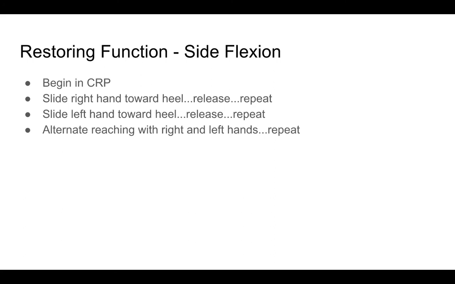Now, when you're ready, you can begin to alternate, reaching down toward the heel with the right hand, reaching down toward the heel with the left hand, shifting side to side through side flexion. And going through a number of repetitions to give your body a large amount of sensory information.